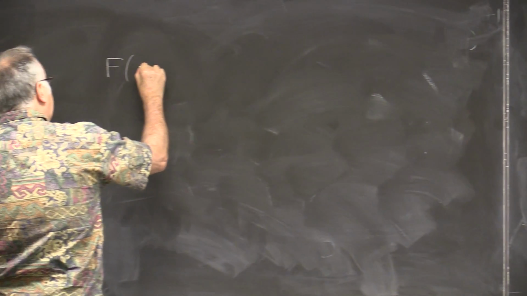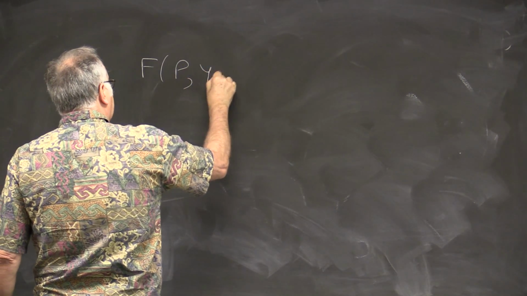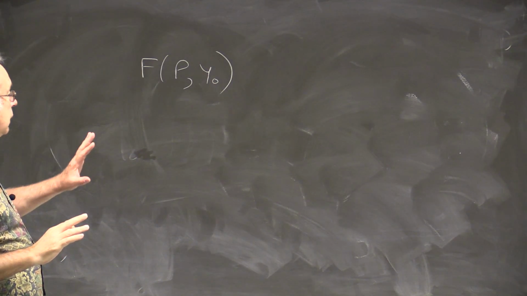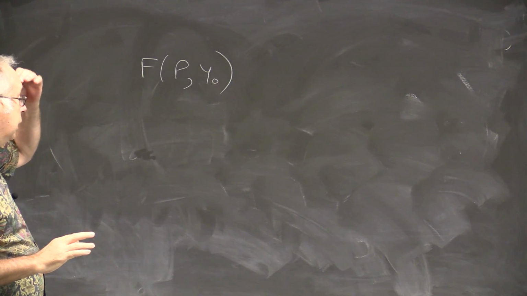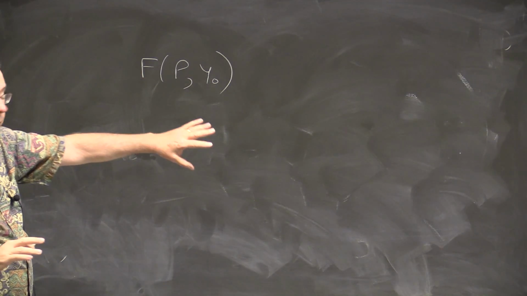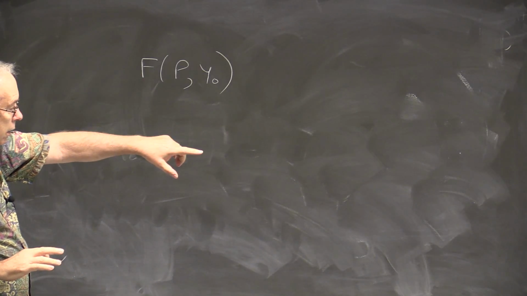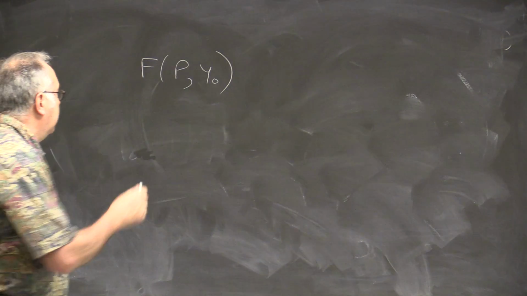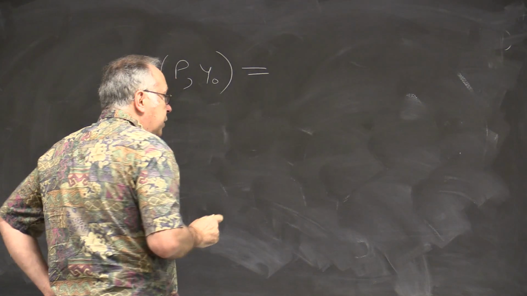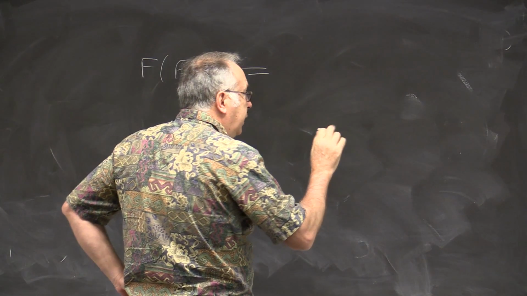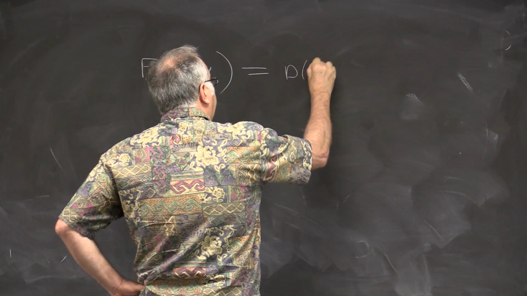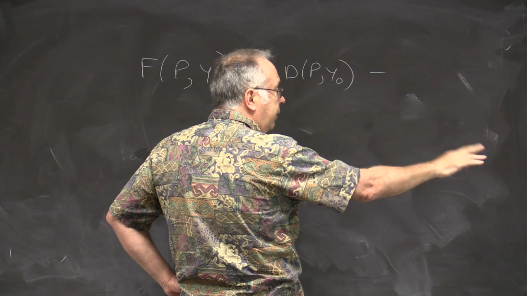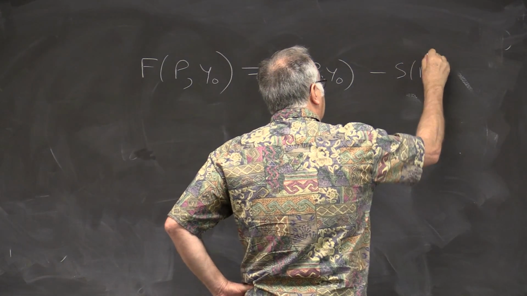F, capital F, is a function of P and y sub 0. Those are the two variables here, not including quantity. But in equilibrium, QD equals QS, so that disappears, okay? So we can express our equilibrium condition this way. Write quantity demanded using this function minus quantity supplied, which is just S of P, equals 0.